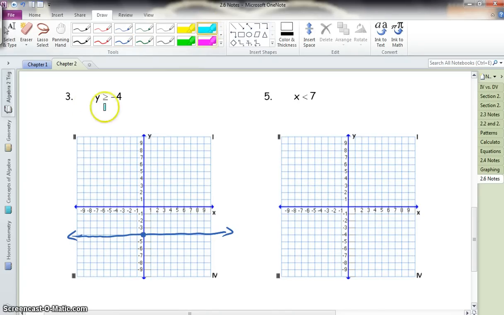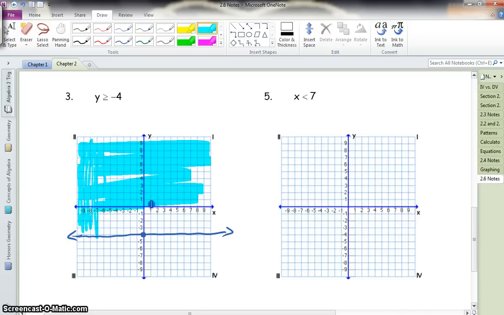Now I'm going to shade above because we're greater than or equal to, so everything shaded above. And these are really easy to test. Is y greater than or equal to -4 at a point above? Sure is. Anything below -4 wouldn't work. If it is exactly -4, it would work because it's equal to.